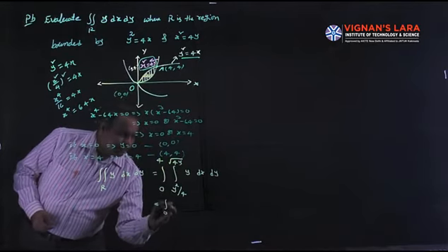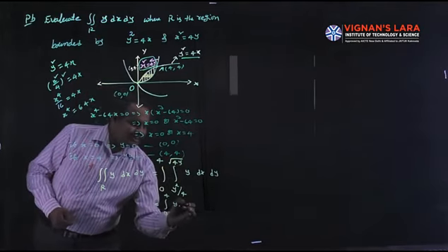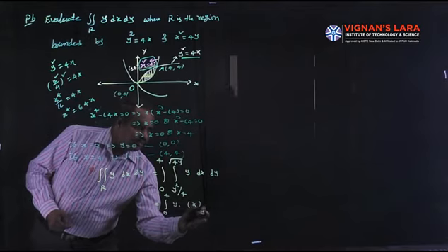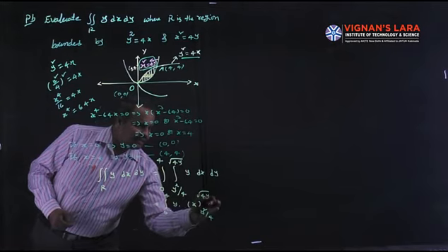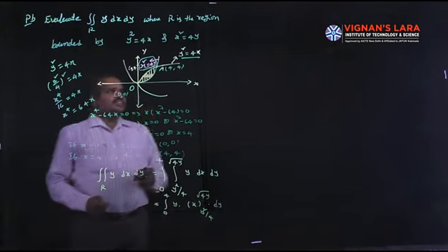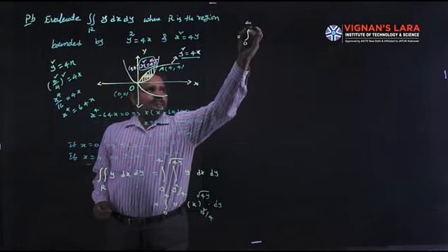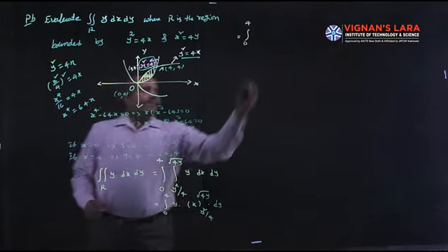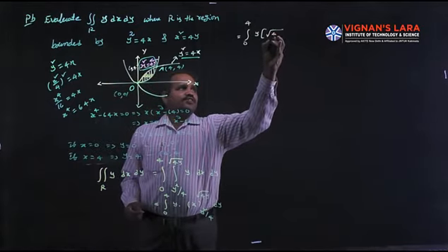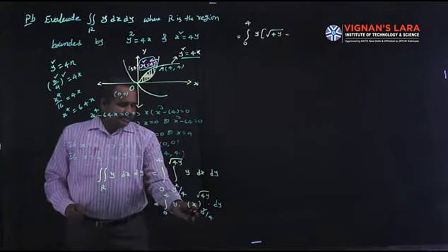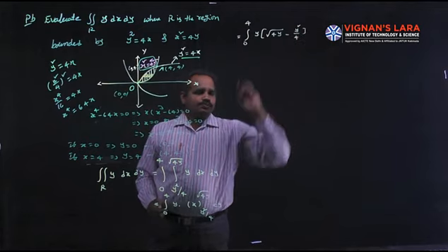This is equal to the integral from 0 to 4 of y into, what is remaining? 1. One integration is x. Limits are y square by 4 to square root of 4y, into dy. Now simplify this integration, which is equal to the integral from 0 to 4 of y into the upper limit. What is the value of the upper limit? Square root of 4y minus the lower limit y square by 4, into dy.